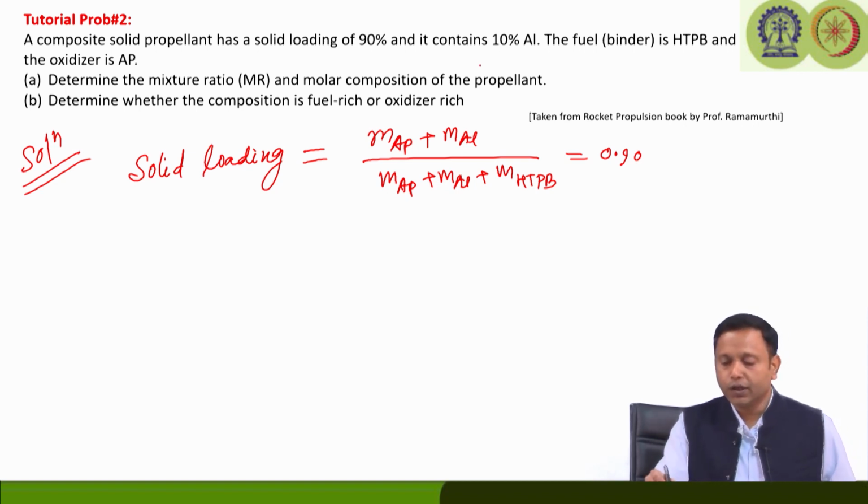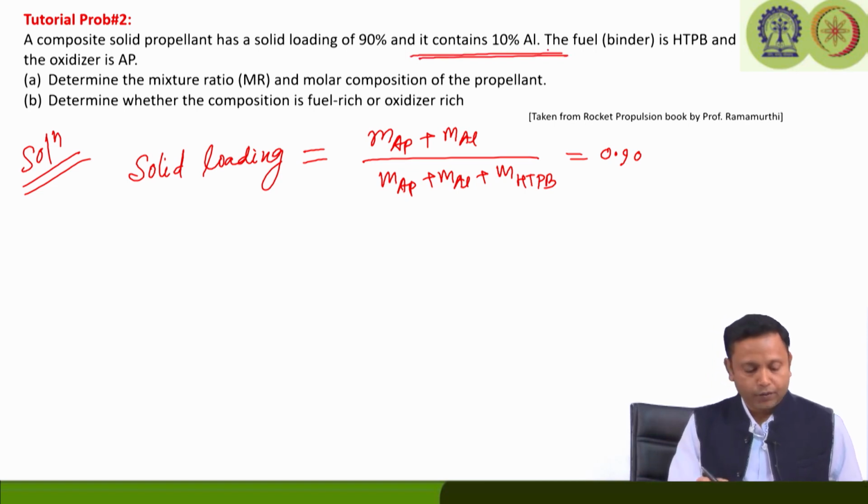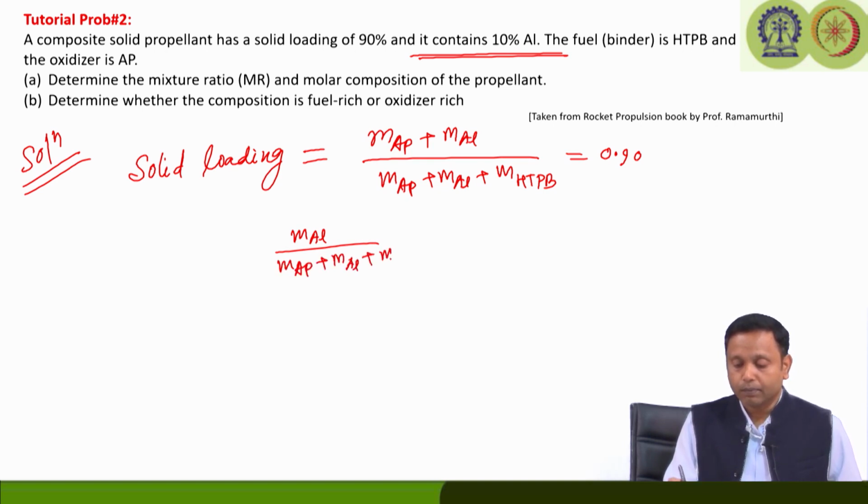And also it is given 10% aluminum. So, we can write that mass of aluminum divided by mass of AP plus mass of aluminum plus mass of HTPB is given as 10%, which is 0.1.